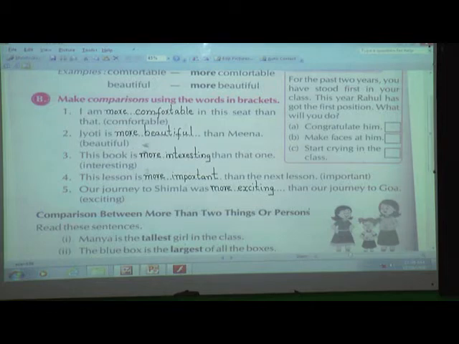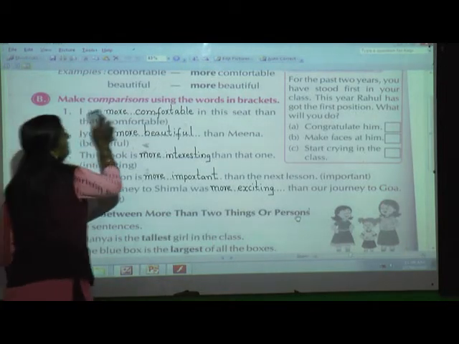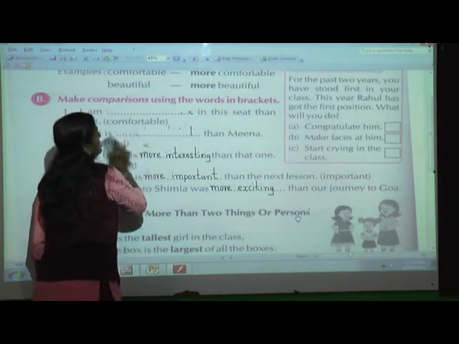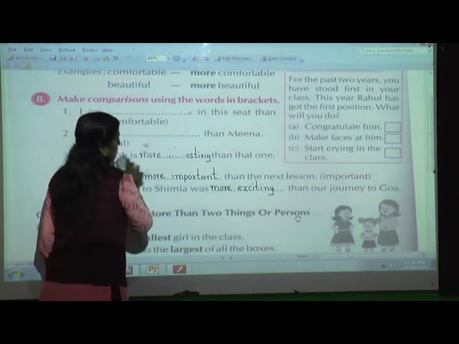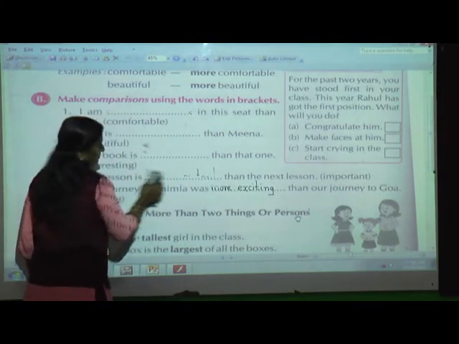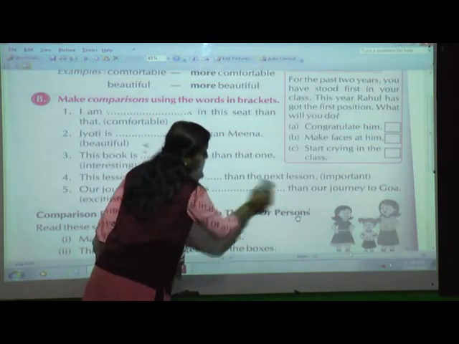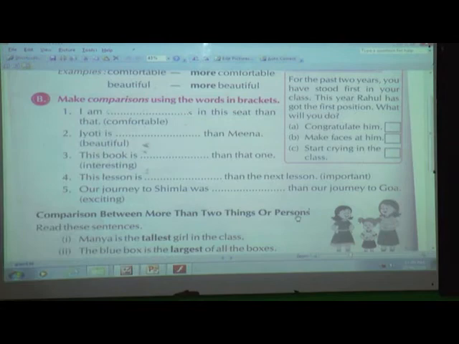Yes. The next thing we have learned is comparison between more than two things or persons. So what we have learned here, students? Yes, we have to add the EST form of the adjective, and not only that, whenever words are big, we are going to add MOST, most.